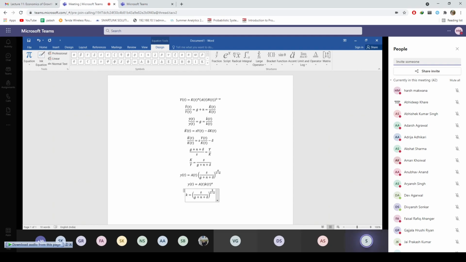Once I get my per capita capital stock, I can calculate everything now. Per capita output is known, wages and everything can be calculated accordingly. So this is another way of solving it.